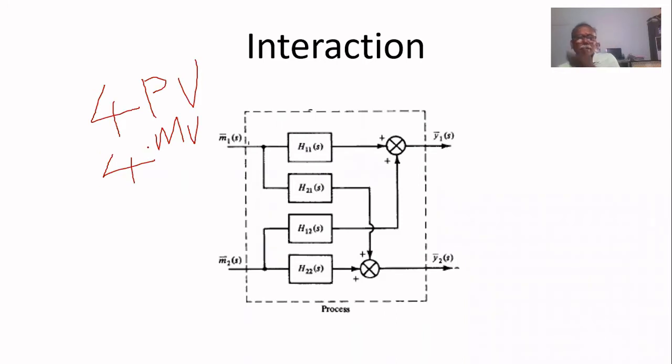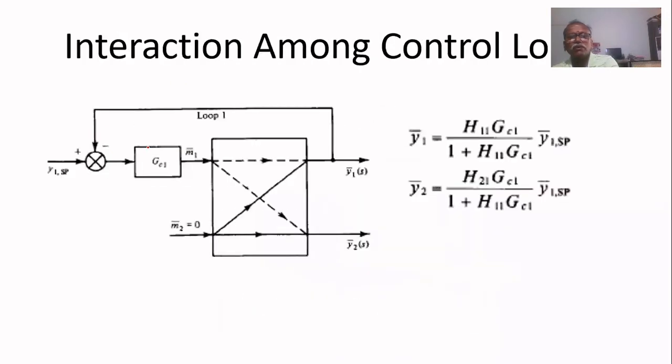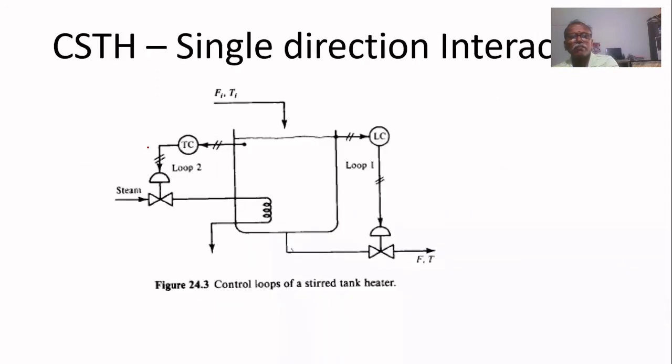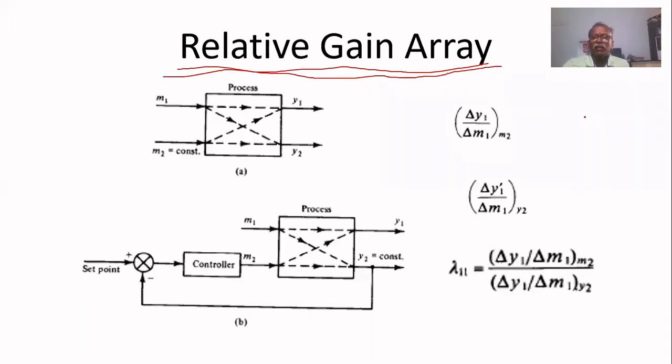That can be found by using the quantitative analysis that we are going to see today. That quantitative analysis is called relative gain array.